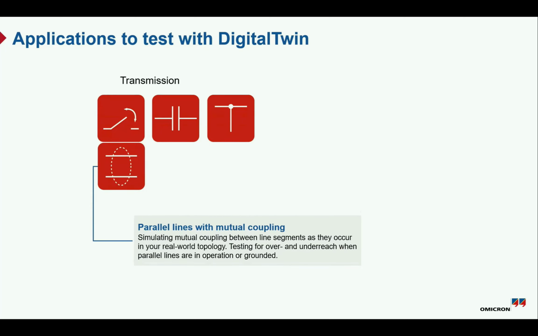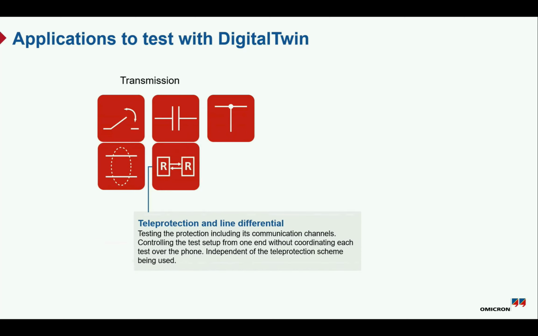We could simulate parallel lines with mutual coupling. We could simulate or test devices with teleprotection or line differential protection. We could simulate power swing events or out-of-step protection functions. We could also simulate phase shifting transformers and therefore test the transformer differential protection of a phase shifting transformer.